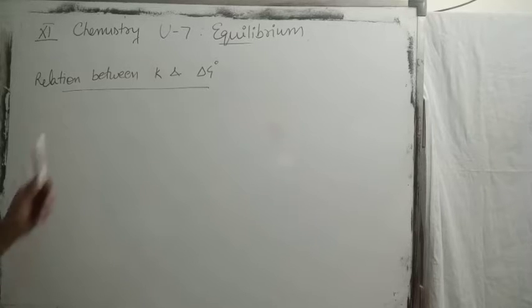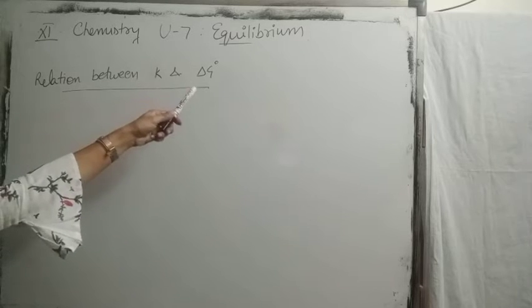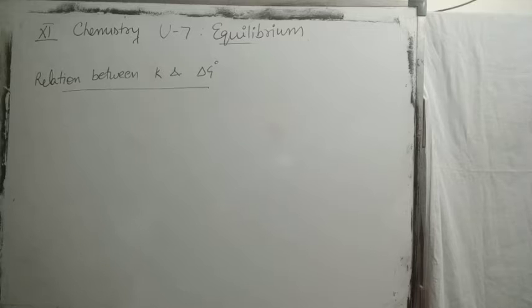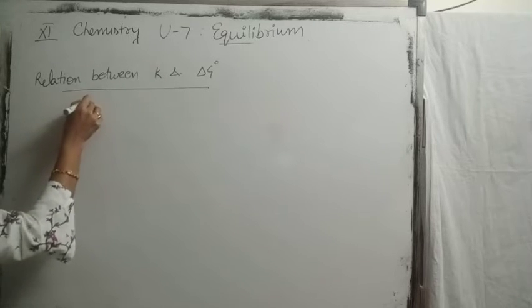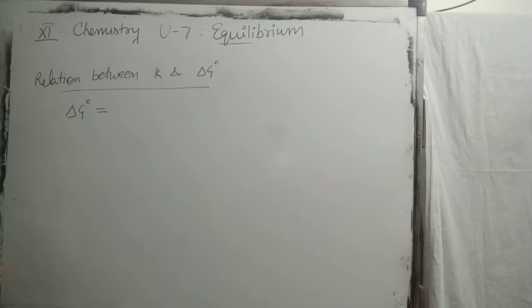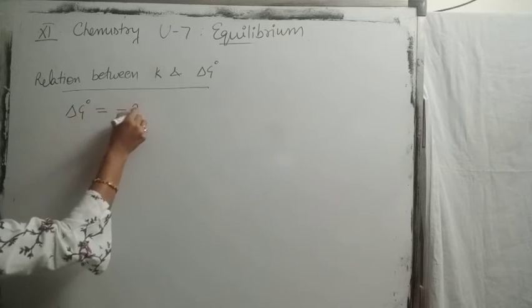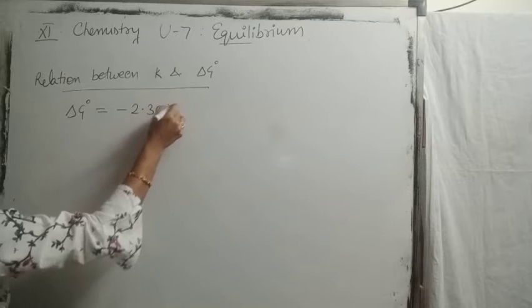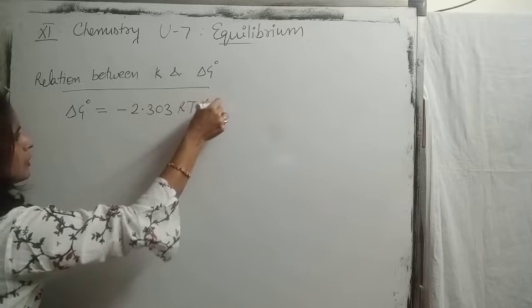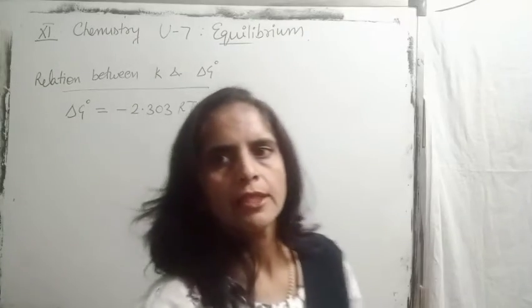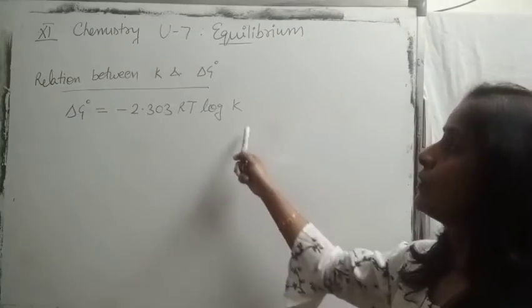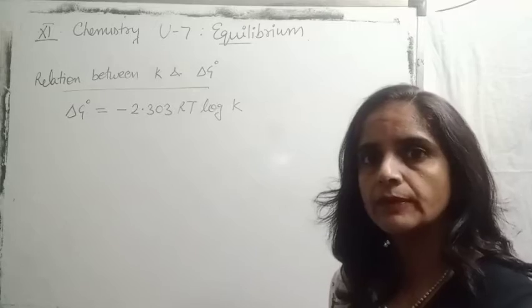Relation between equilibrium constant and standard Gibbs free energy. Children, if you remember, we had already discussed this relation in the thermodynamics unit. Delta G naught equals minus 2.303 RT log K, whether Kp or Kc. From here also we can predict the direction of reaction.